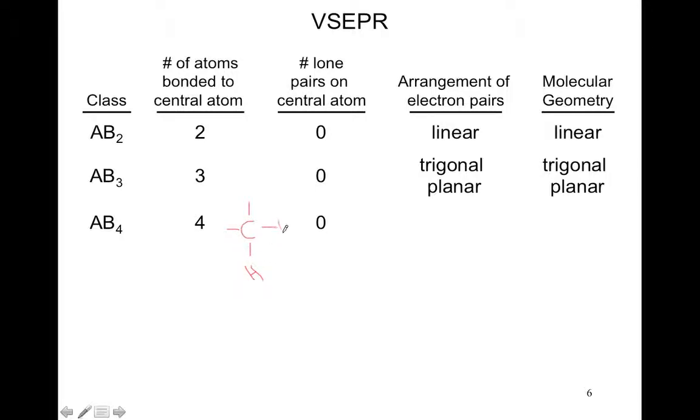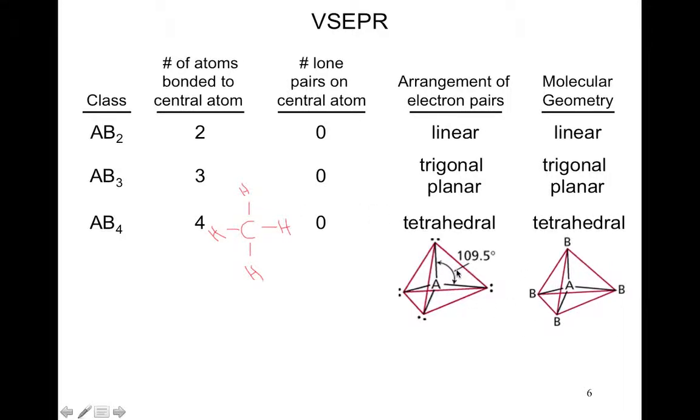So there's a hydrogen there, and a hydrogen there, and a hydrogen here, and a hydrogen here. And so then carbon has its complete octet, and we don't have any unbound valence electrons to mess with our shape. And so this is just 4 sides, AB4, no lone pairs on it, and we would call that a tetrahedral shape. So 1, 2, 3, 4, 4-sided, call that a tetrahedron.